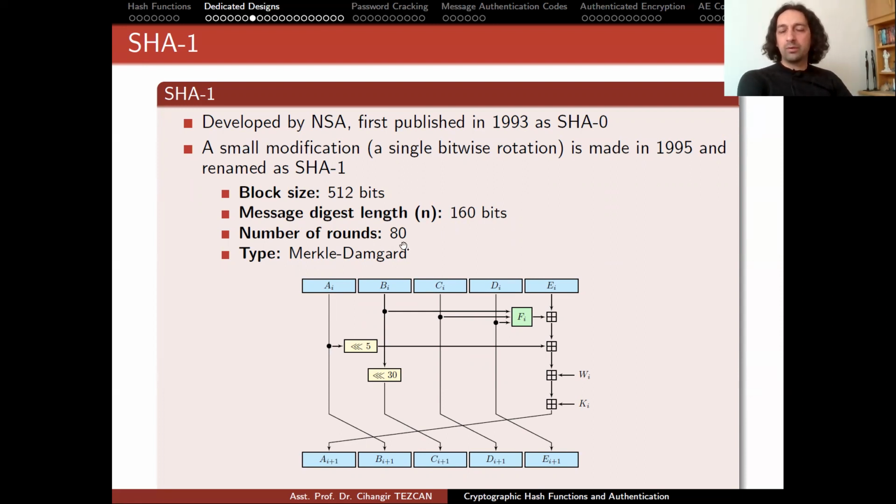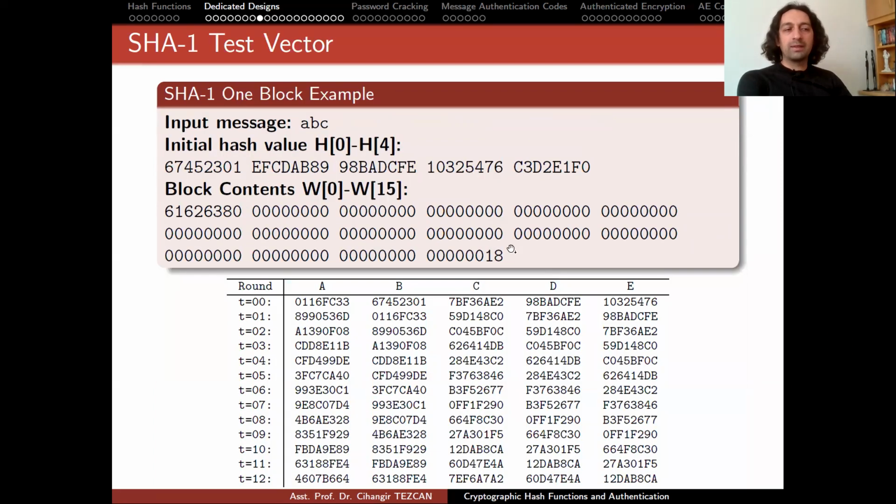They also increased the number of rounds from 64 in MD5 to 80 now. So the picture is almost the same, as you can see. Now you're feeding the message from here. I provided some test vectors from, I think, a NIST document. Assume that you are taking the hash of a simple message, ABC, which is a very small message.